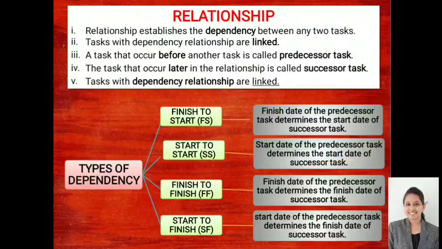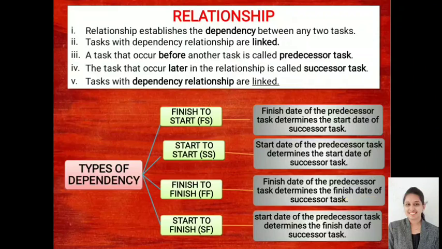Start to start. Next one is finish to finish. That means the finish date of the predecessor task determines the finish date of the successor task. Just imagine the last activities of a particular project. Two activities, irrespective of whenever they start, have to end on the same day, or end together.